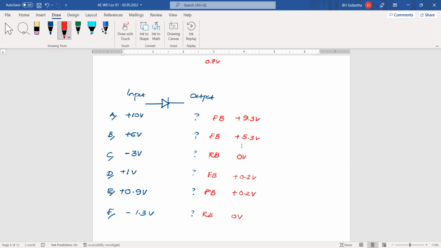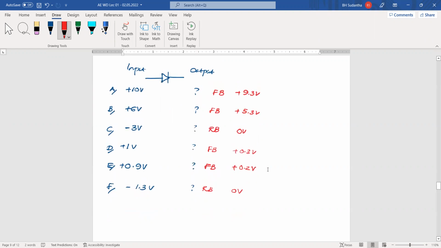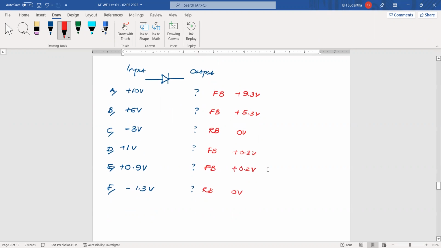You can take it as correct, but for the moment, I think it's better you have 0 volts on the other side, assuming that there is no connection to the other side of the diode.